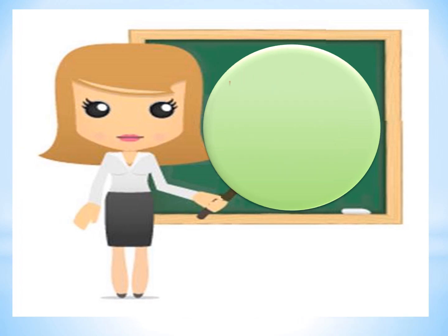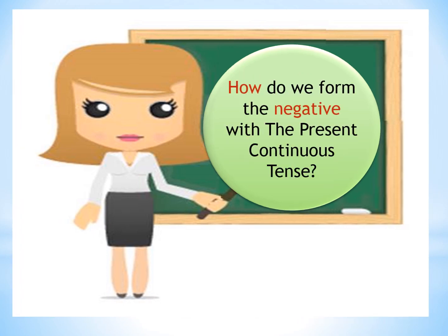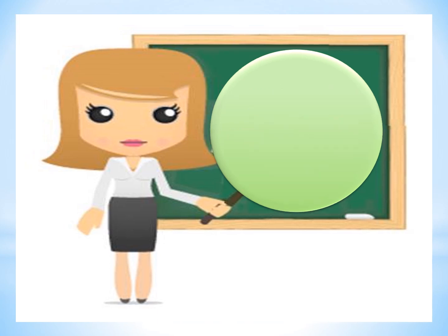How do we form the negative of the present continuous tense? We don't need any helping verb as we already have verb to be. So we can just say we are not watching TV right now. We just add not to the helping verb here, which is be.